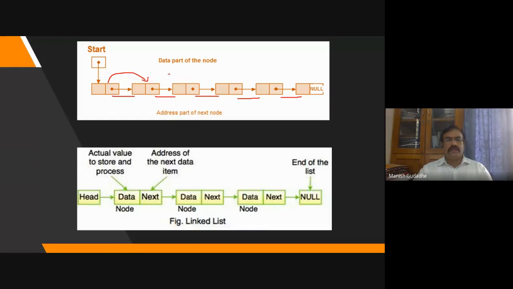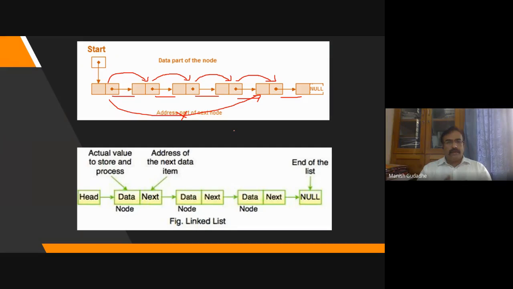The second node will give us the address of the third node. The third one will make us reach the fourth one, and the fourth one will have the address of the fifth one. So the first directly accessing the fifth one or fourth one is not possible. One by one, gradually we are going to access that linked list.